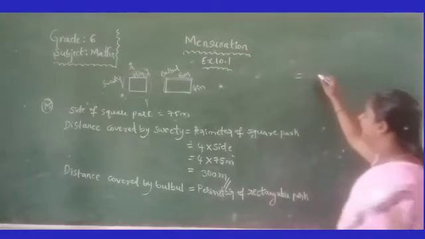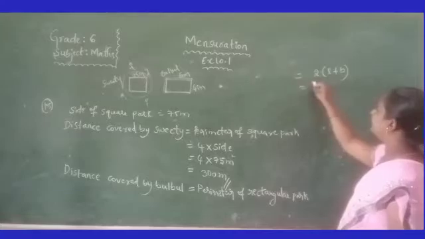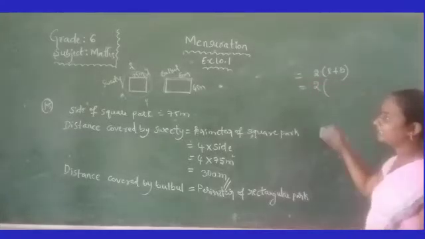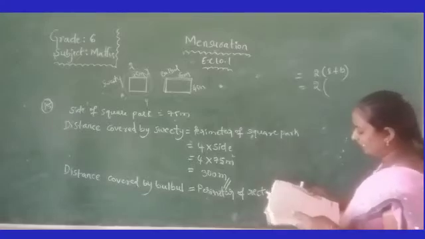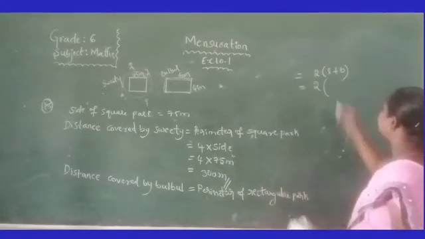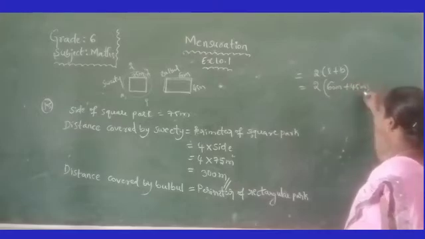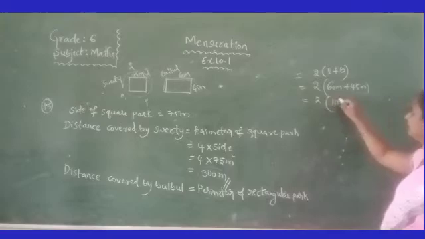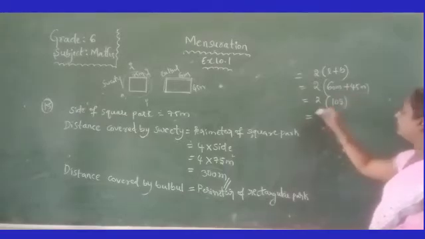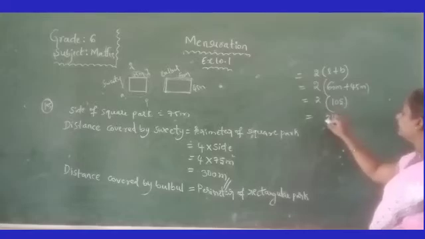Then substitute the values here. 2 into L plus B. The length of the rectangular park is how many meters? 60 meters, and the breadth is 45 meters. Now add 60 plus 45, that is 105. Now multiply 2 into 105. 2 5s are 10, 2 1s are 2.